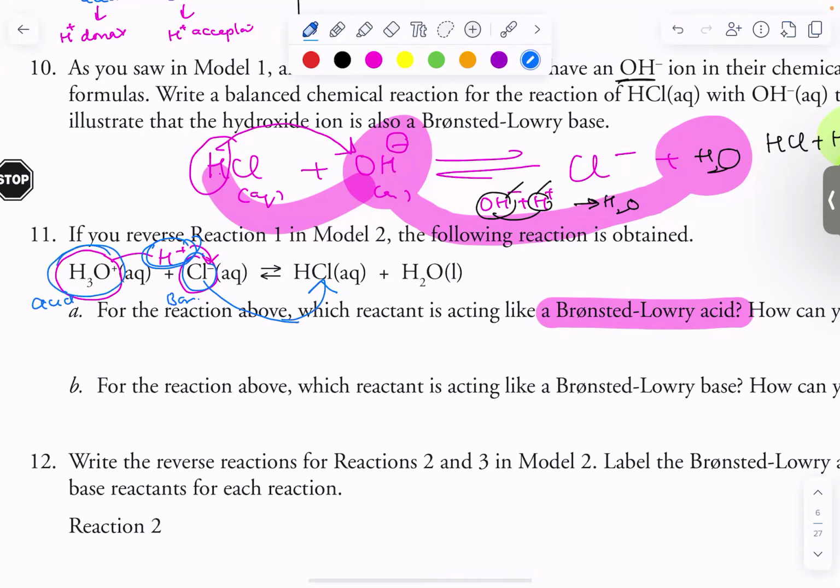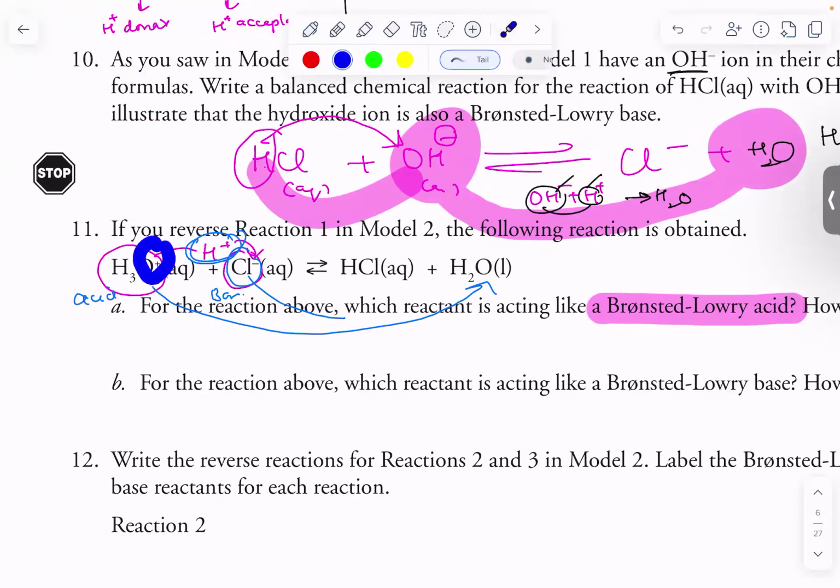And H3O positive, after donating hydrogen ion, will be changed into H2O. Yes or no? And have you observed that this positive charge is now removed? Why? Because hydrogen ion has been given out.